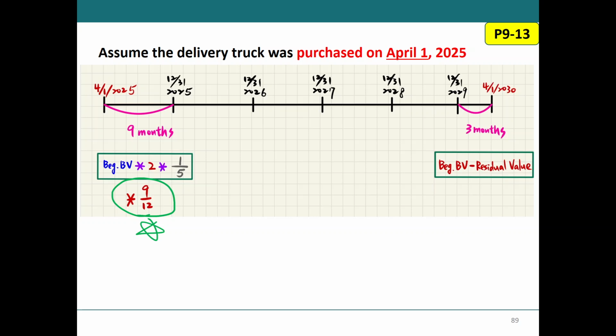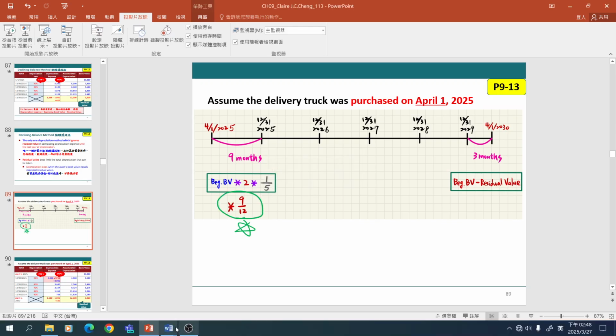How do we get the number for the last year? We use the beginning balance compared to your residual value, right? Because always this should be your residual value. Remember how to get your last year's number.